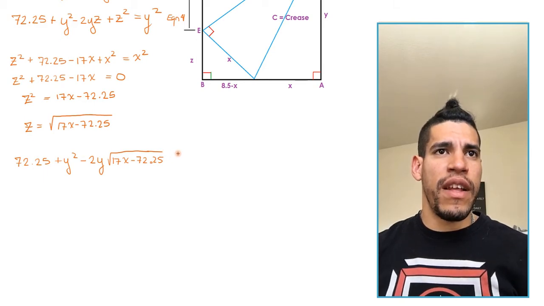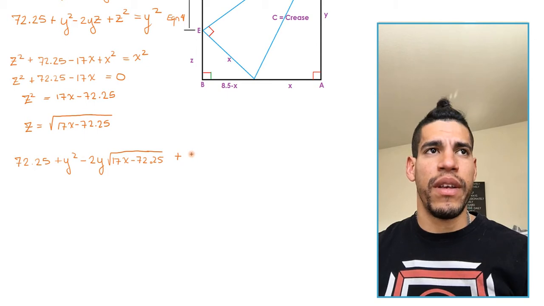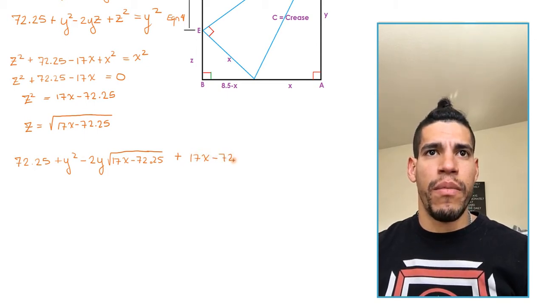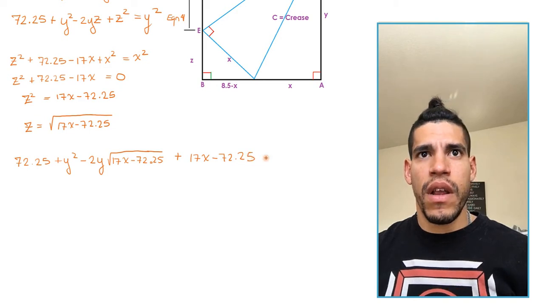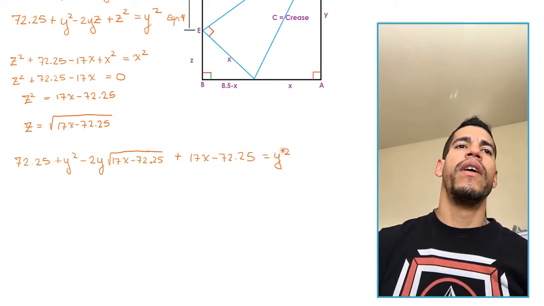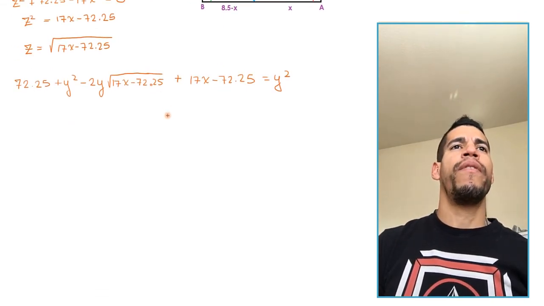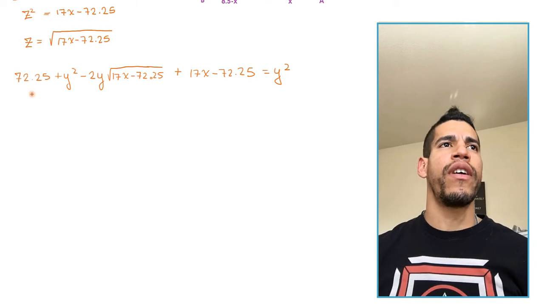And then instead of plus z squared, I'm going to substitute what z squared is, which is 17x minus 72.25, and that's equal to y squared. Okay? So now, again, just like the previous equation, the y squares are going to cancel.